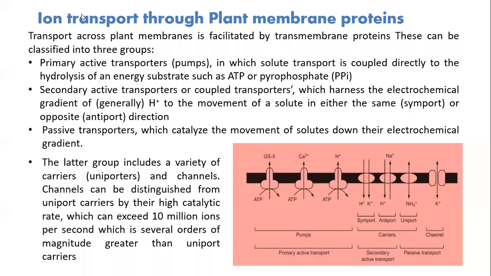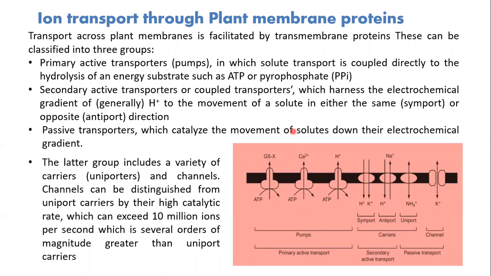And then the second, that is secondary active transport or coupled transporters, which harness the electrochemical gradient of generally H ions to drive the movement of solute in either the same or the opposite direction.